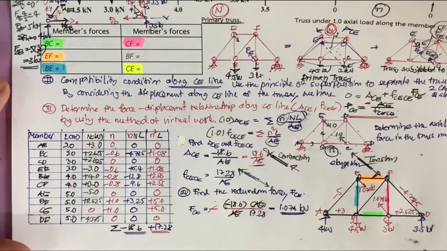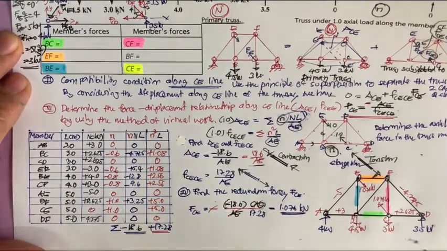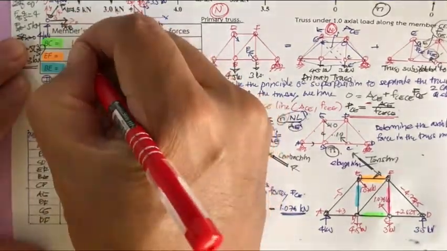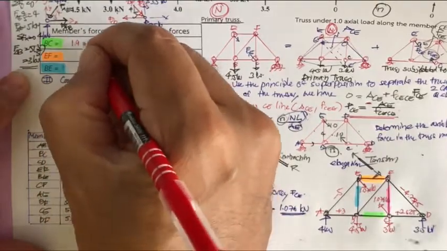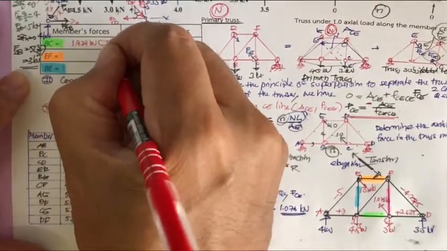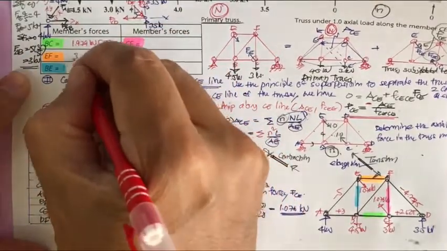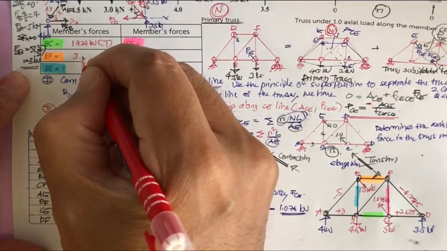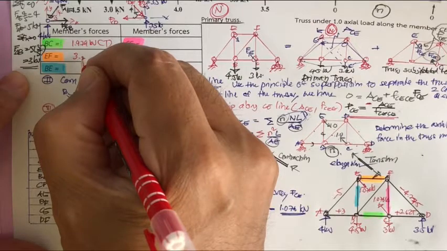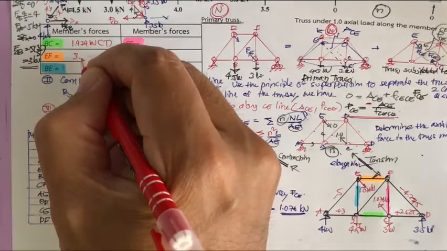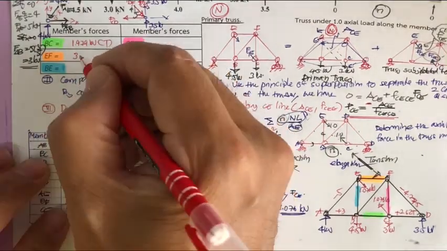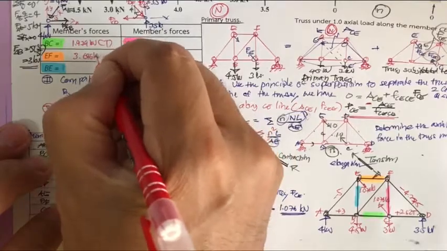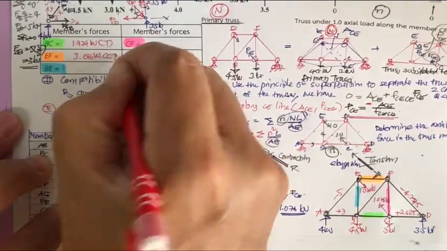Mostly you're supposed to use the method of joints. Okay, after you do that, you're going to get this one for 1.979 kilonewton in tension, and 646 kilonewton, and it's going to be in compression.